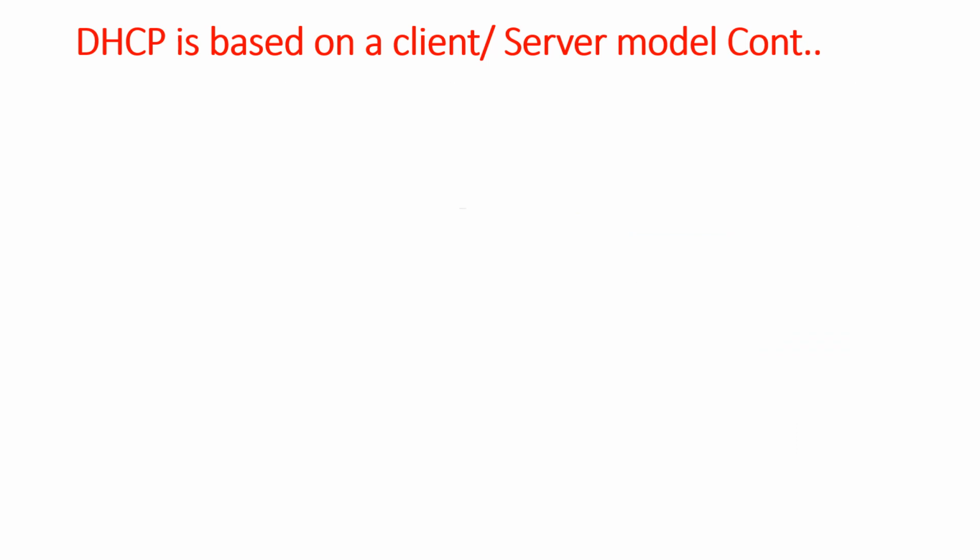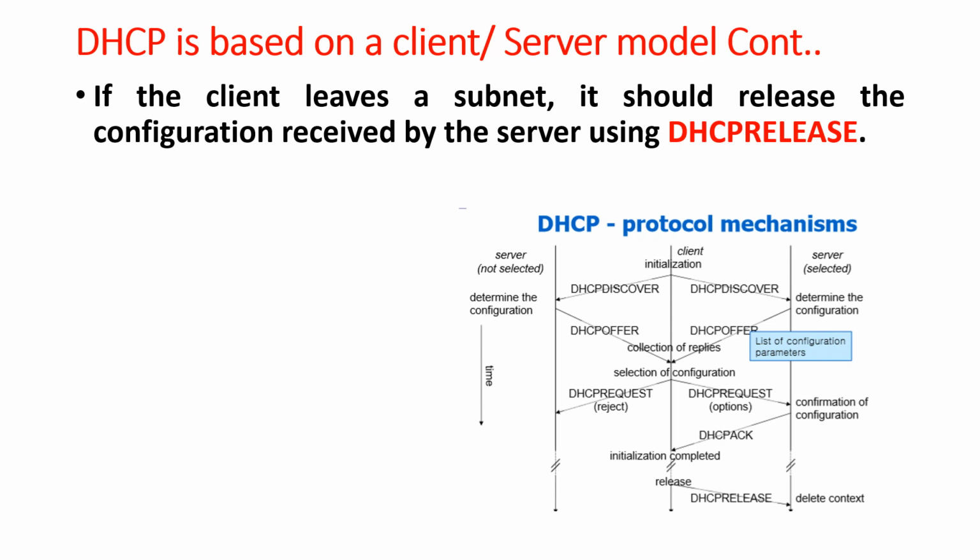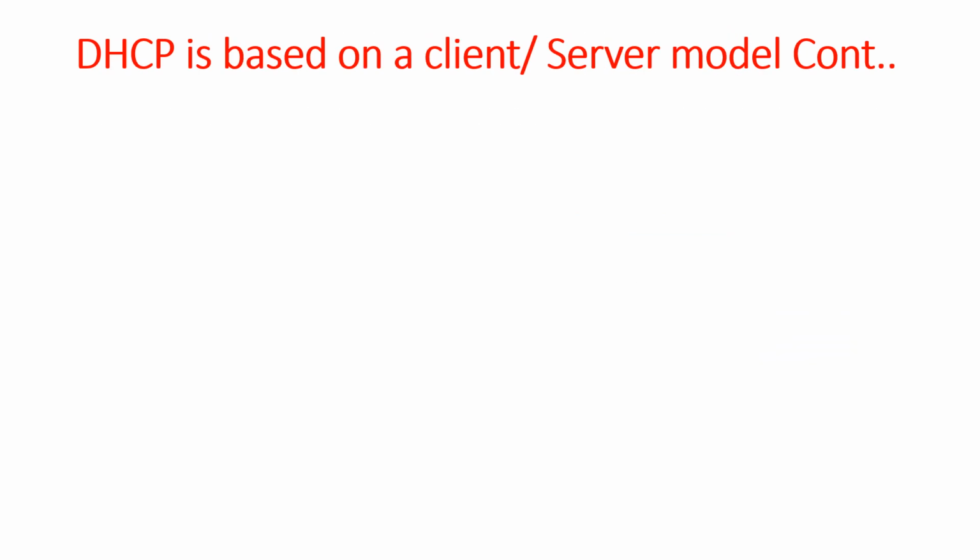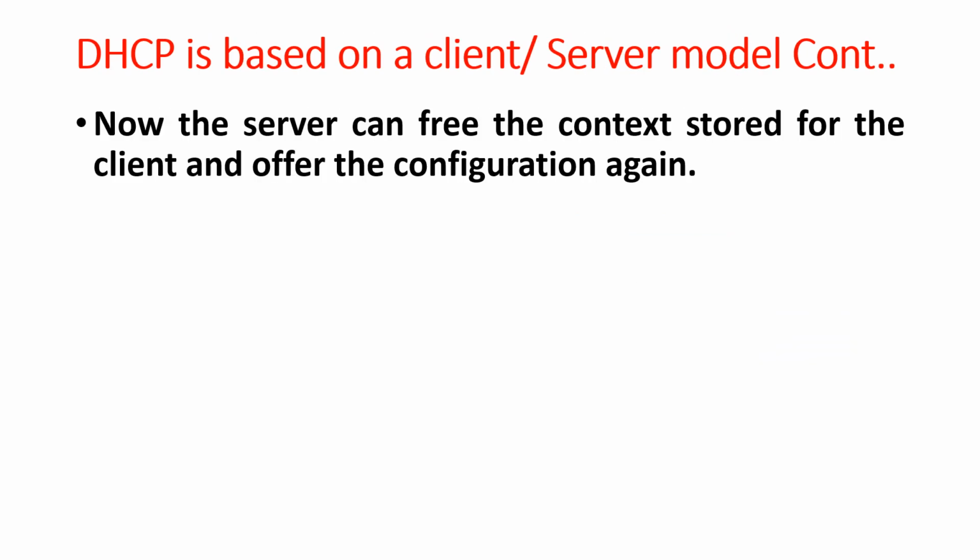If the client leaves a subnet, it should release the configuration received from the server using DHCP Release. This is indicated in the diagram. Now the server can free the context stored for the client and offer the configuration again.